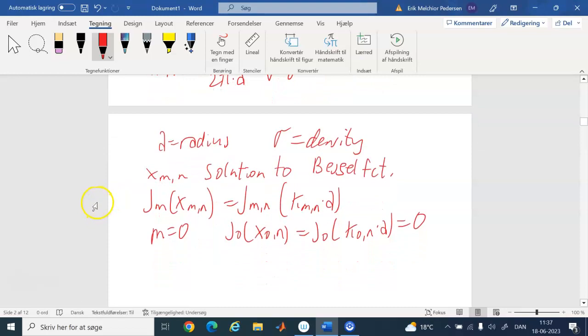We solve those Bessel functions and complicated stuff, and then we get 2.5, 5.2, and so on, different numbers.